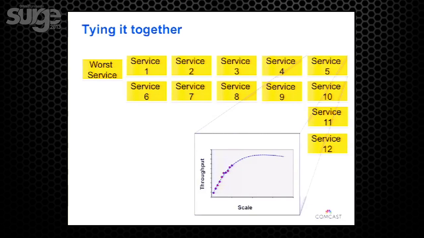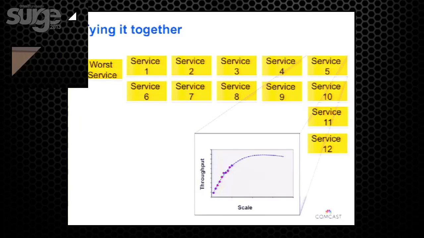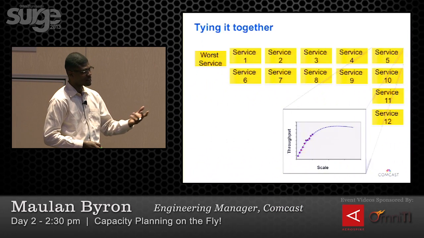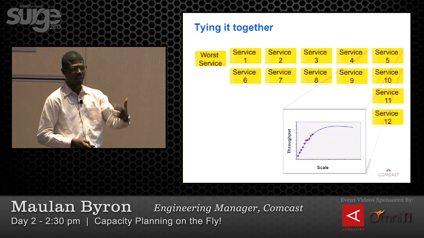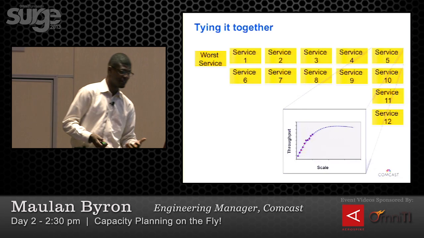And you start tying this together to figure out how this system as a whole actually works. So you model service 5, we're just picking this as an example, and you say, okay, I know service 5, I can support X number of customers. You apply this approach to every single logical group of services in your system.